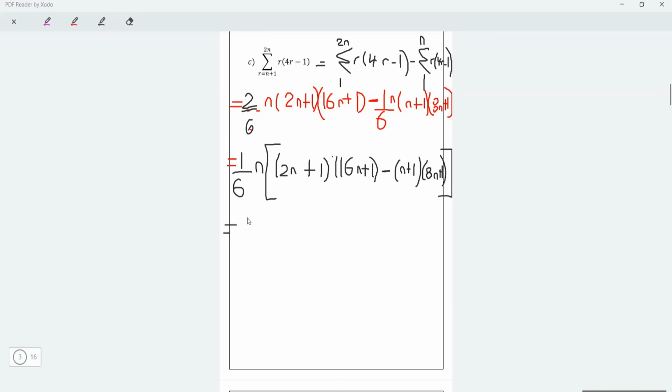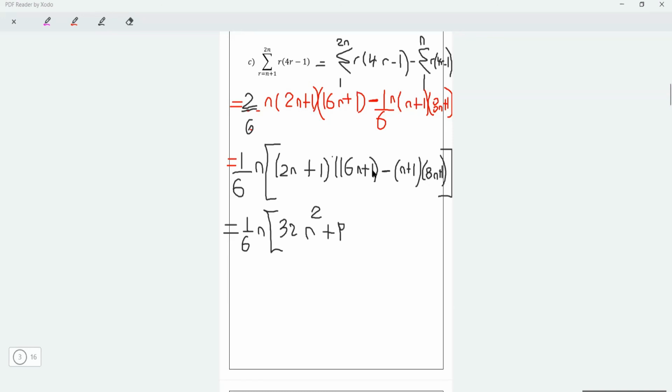So simplifying what's in the bracket, I have 1 over 6n times, now expanding this bracket, this times this is 32n squared. Then this times this is 2n and 16n, that's 18n. 32n squared plus 18n.